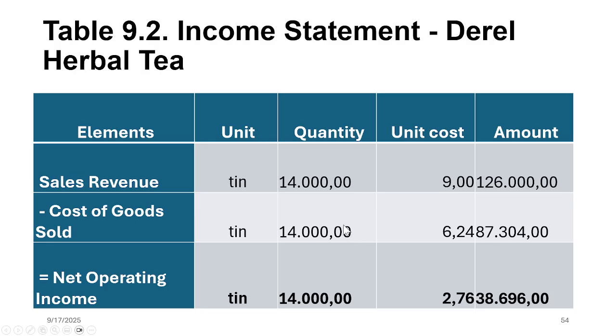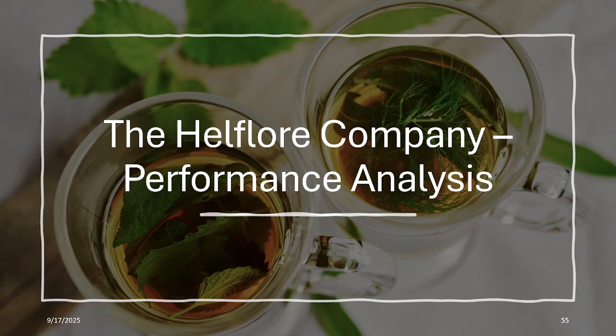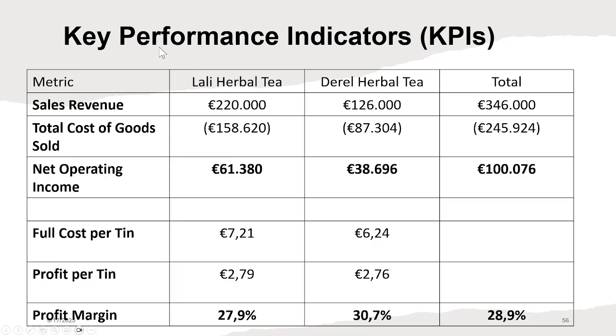So I think that's good now, and we will look at the company's performance analysis. Now it's better to make the key performance indicators, KPIs, of the company. We have a few metrics here.